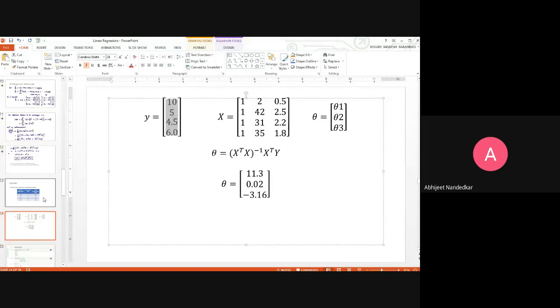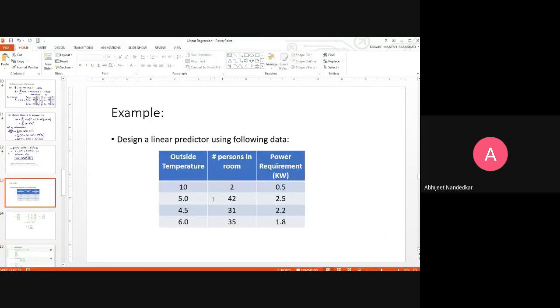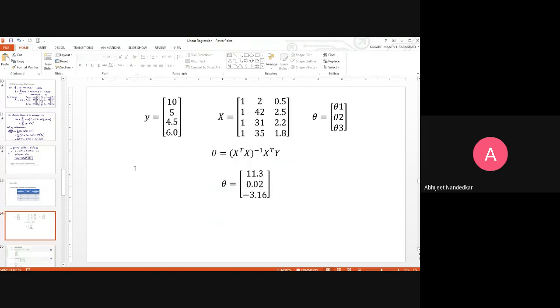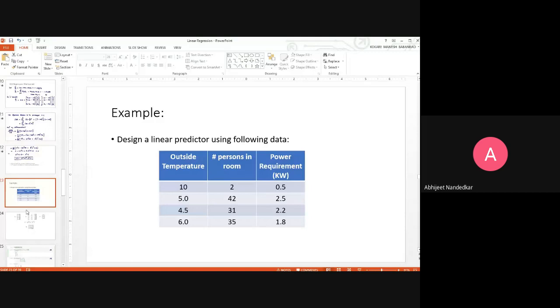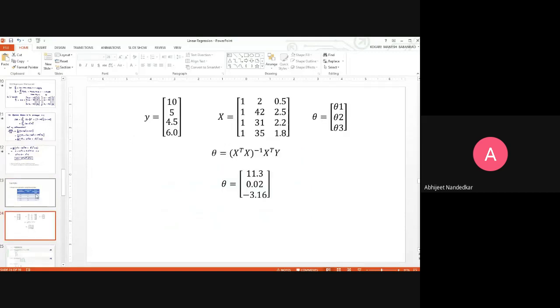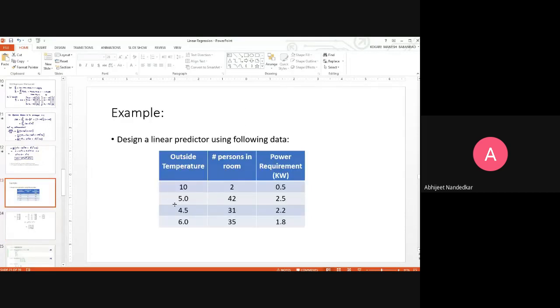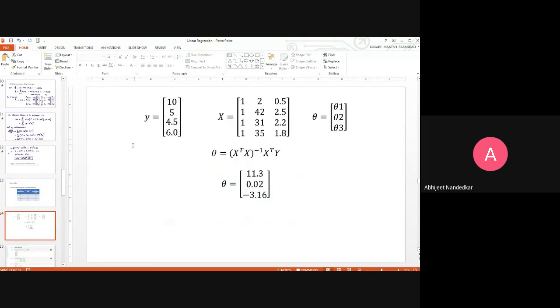My y values are 0.5, 2.5, 2.2 and 1.8. There is some mistake here, I think, so you can correct this. This is outside temperature as my input. I have to write it properly.